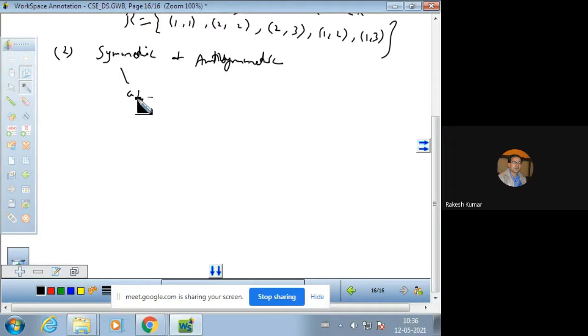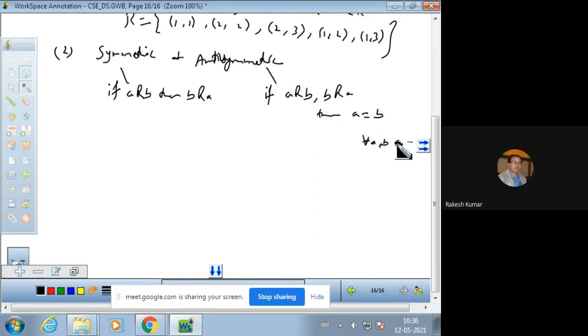If A is related to B, then B should be related with A. This is the property. But in case of antisymmetric, if A relates B, and B relates A, then both elements should be same, for all A, B belonging to the set A. Now this is the difference between the two properties.